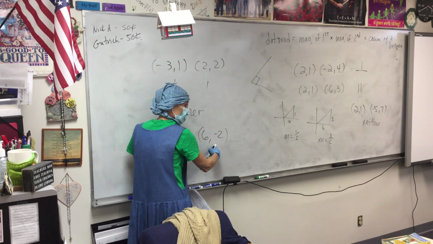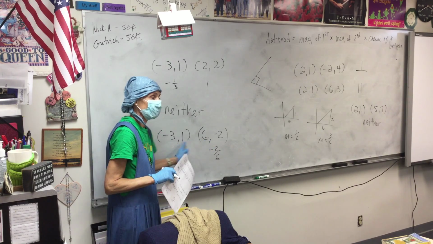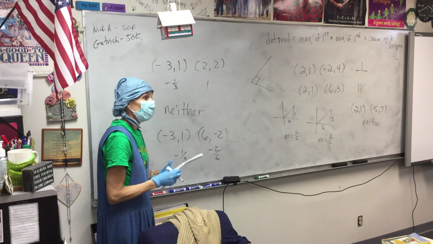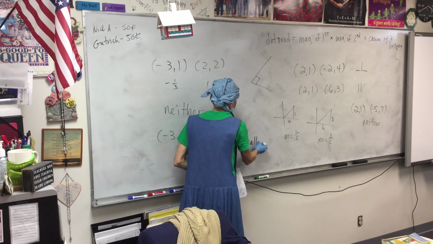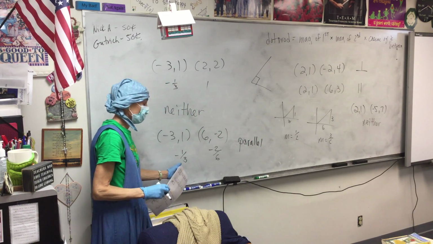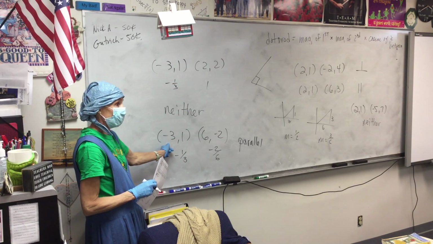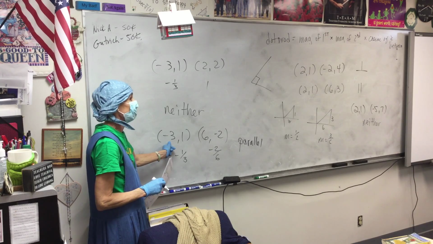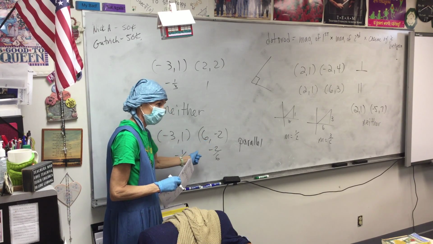What's the slope here? -2, 6. Uh-oh, what about these two vectors, guys? They're what? Parallel. Why are they parallel to each other? Because their slopes are the same. If you took this guy and times him by -2, you'd get this. They're multiples.